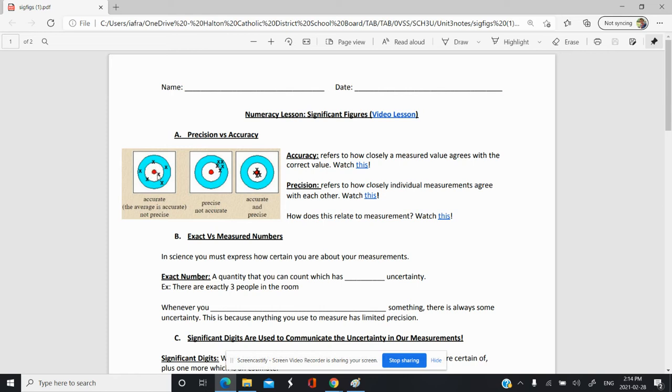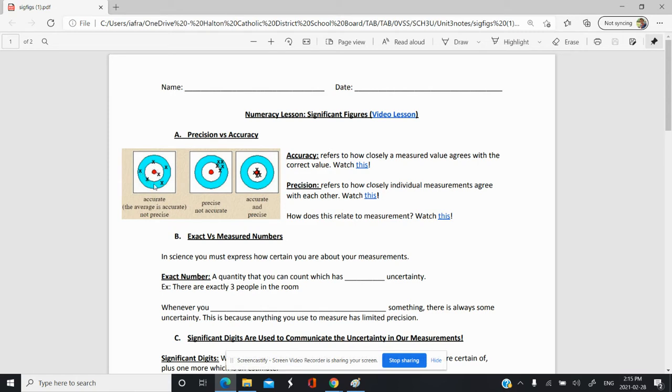Let's say that the correct value is in that red spot there. That's the correct value. That's known based on experiments, based on actual measurement done by other scientists. If your measurement that you did in the lab is very close to that red circle there, that means your measurement is quite accurate because you're close to that red spot.